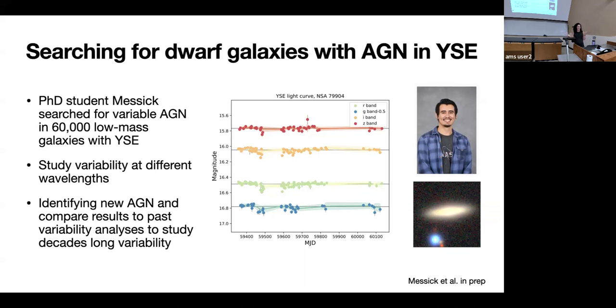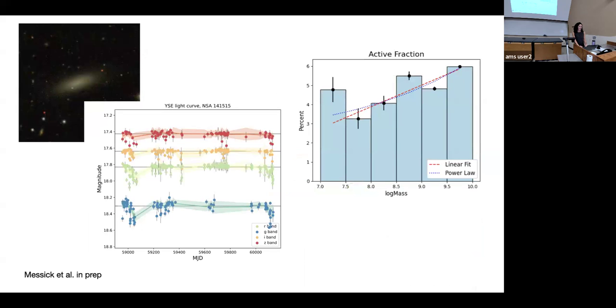MESIC has identified many new AGN in dwarf galaxies, and we'll be able to compare these to past variability analyses to study decades-long variability of dwarf galaxies. We're also able to measure the active fraction in this sample.